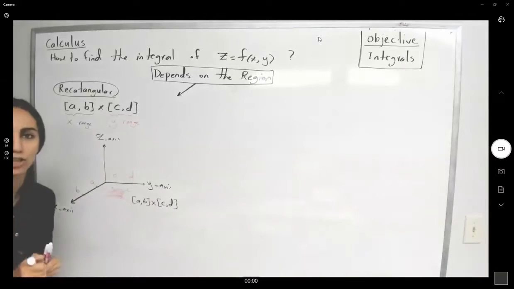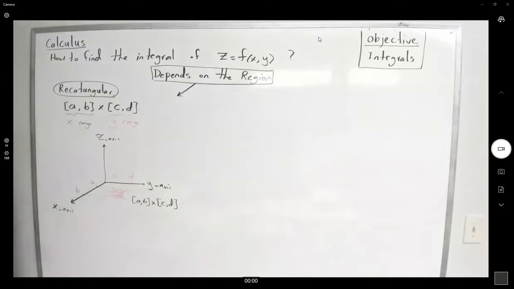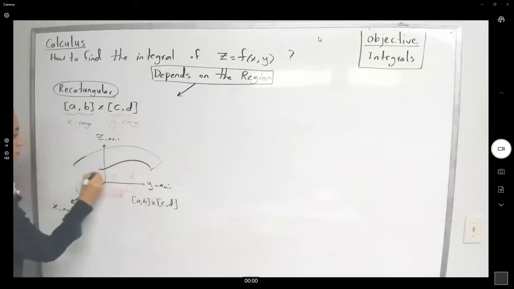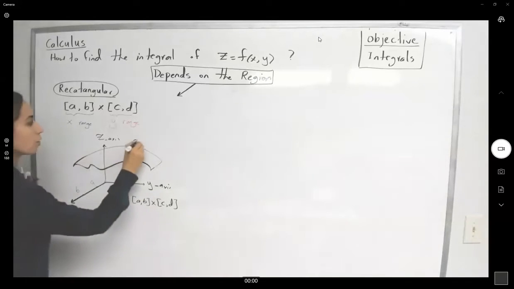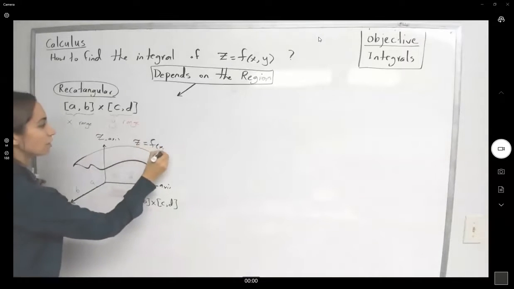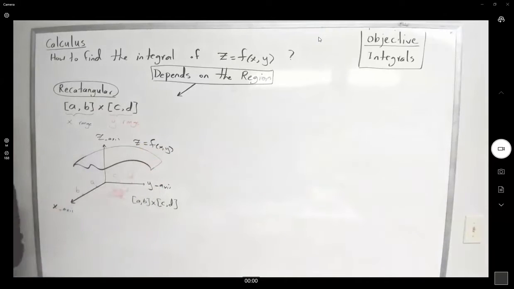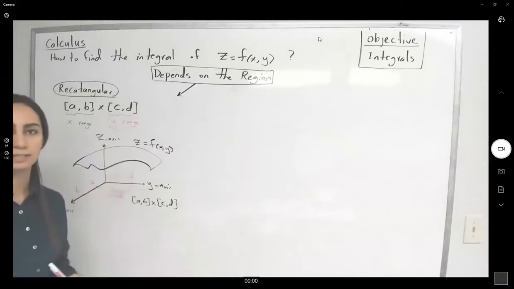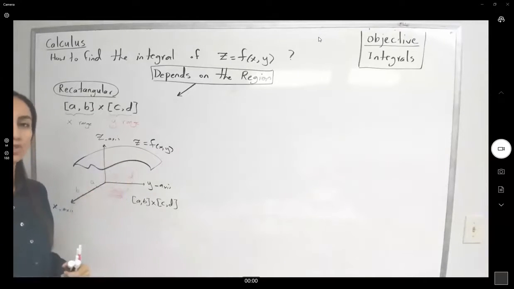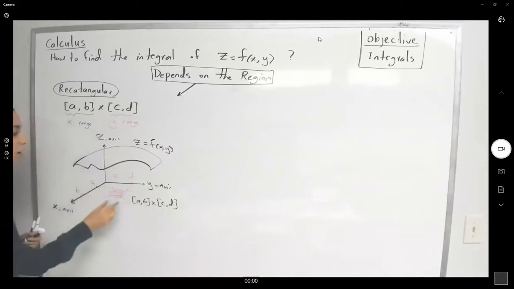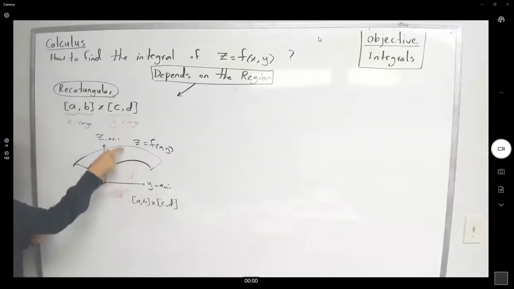So where is the function? The function can be just right here. This is your surface, z equals f of x and y. What are we trying to do? In physics language, we are trying to find the volume bounded between this function and this area.